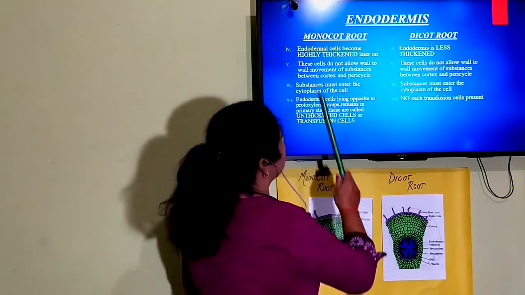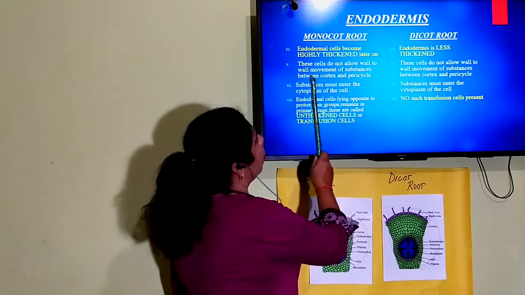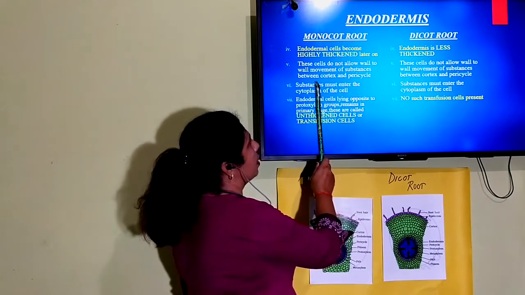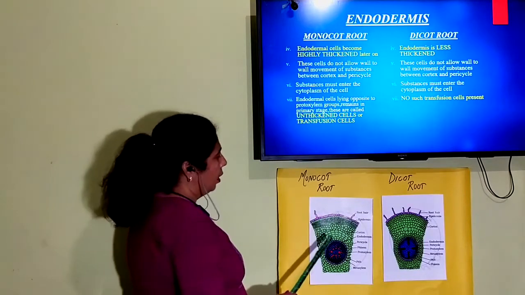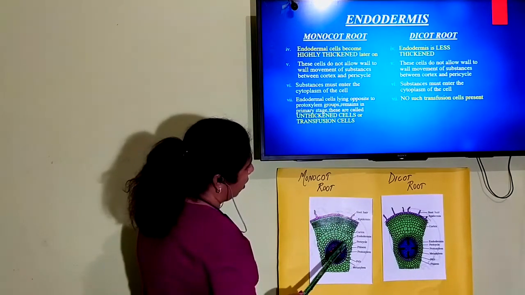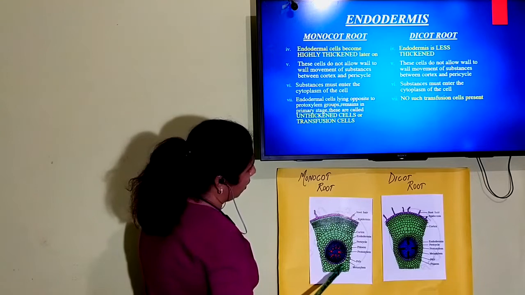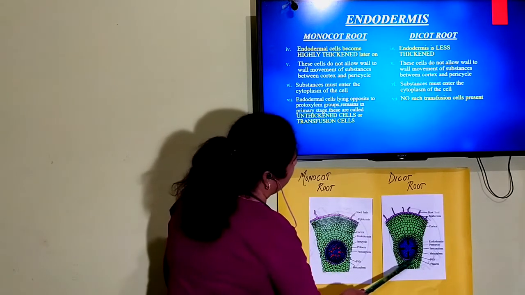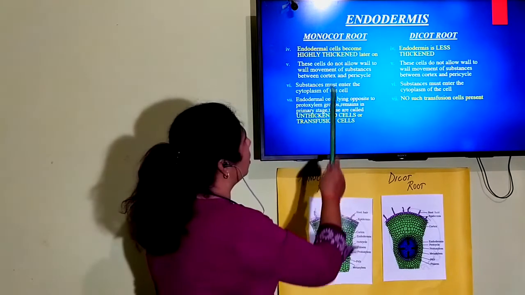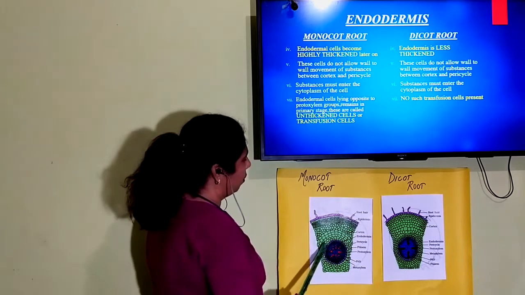These cells don't allow the wall-to-wall movement of substances between cortex and pericycle. Here you can also see the endodermis in monocot roots and in dicot roots.